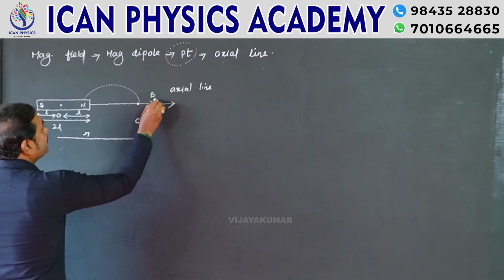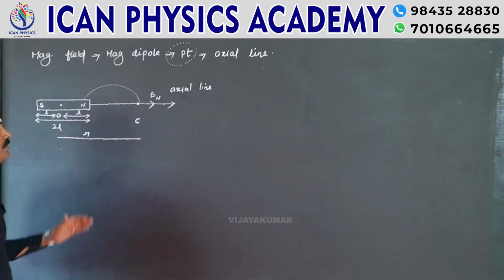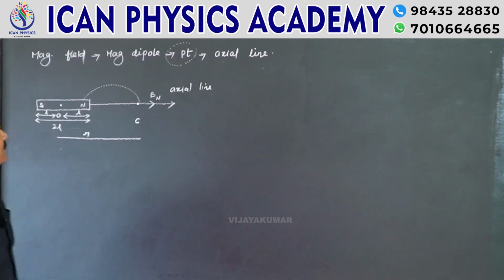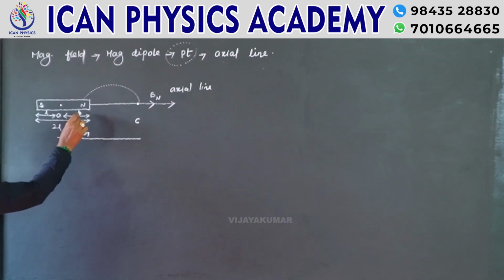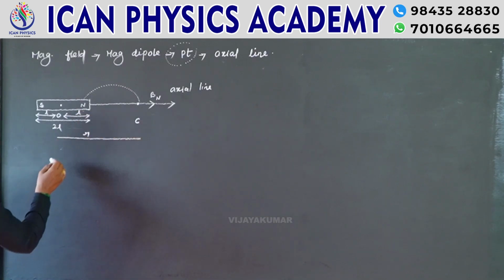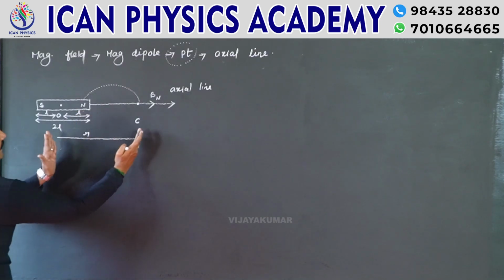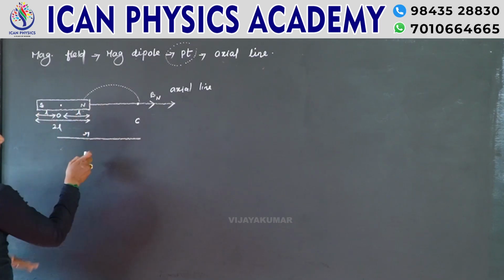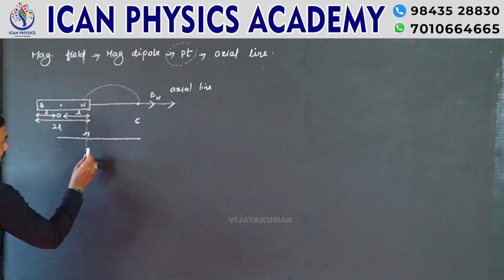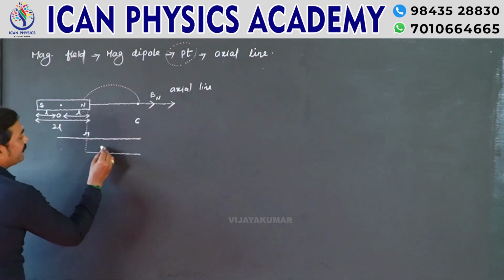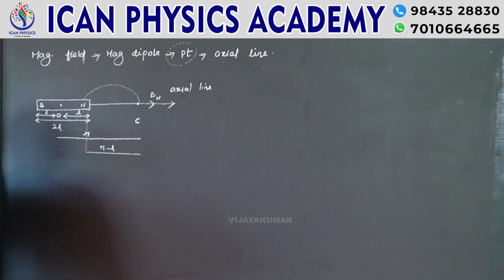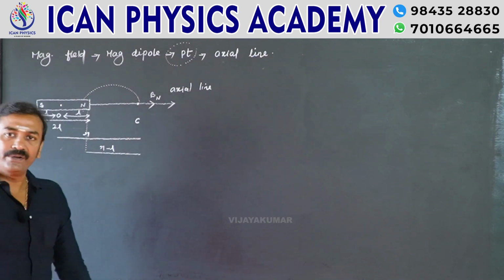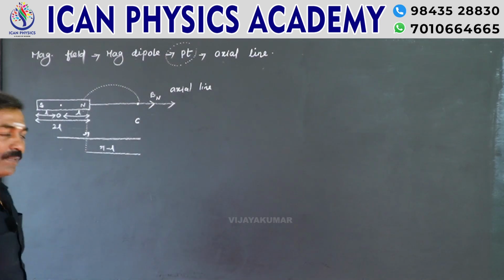So the magnetic field due to the north pole acts outwards. From here to here the distance is R, and from here to here the distance is L. So the distance from the north pole to this point is R minus L. Okay. Do you get it now? Do you have doubts? Okay, super.